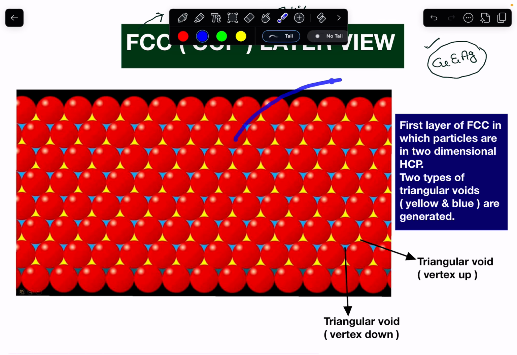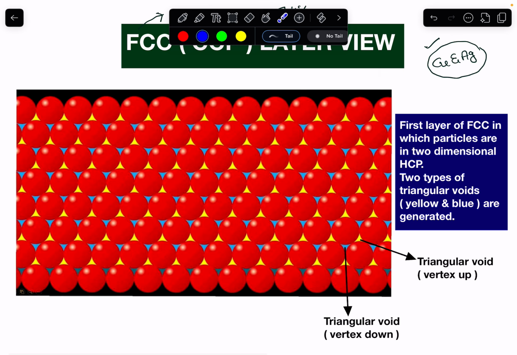These are all the particles of a first layer, and if you carefully observe, in the first layer the particles are arranged in two-dimensional HCP, like this. Due to this type of arrangement two types of voids are generated.